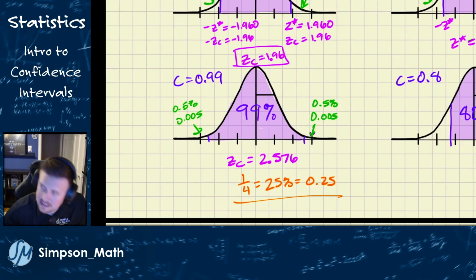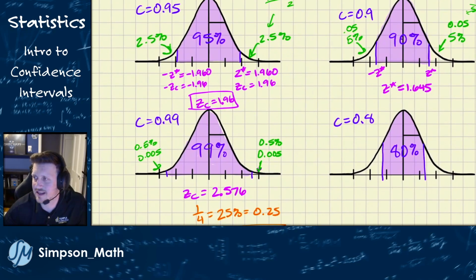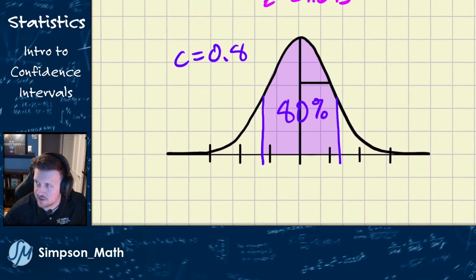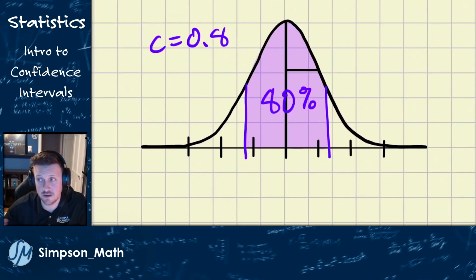The 95%, 90%, and 99% are 3 of the most common or popular confidence levels, so you should almost know those cold and put them on your note page, something you can easily reference. 80 is less common, and our example we'll see in a second is an obscure one that's just making sure you know the mechanics of it.